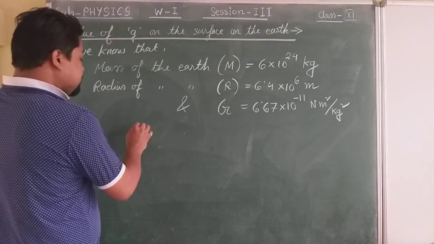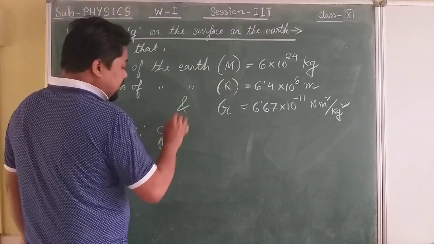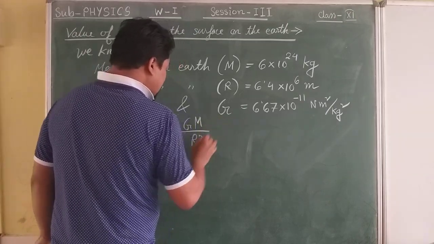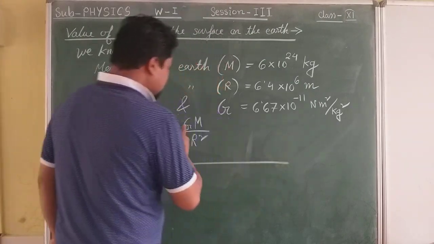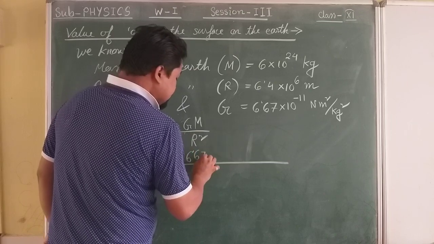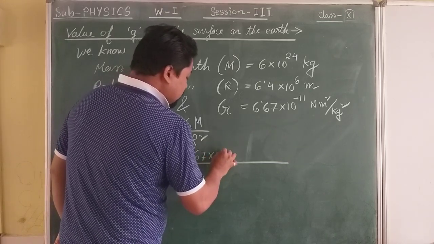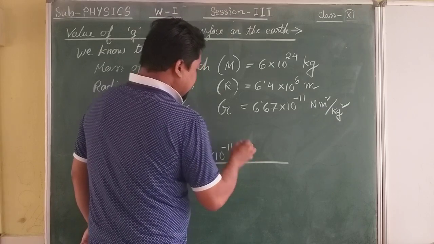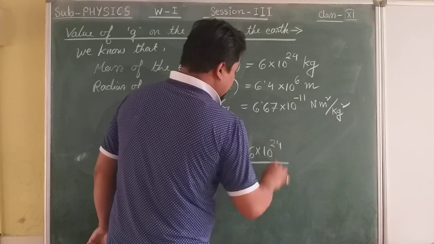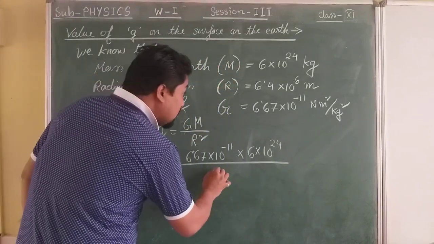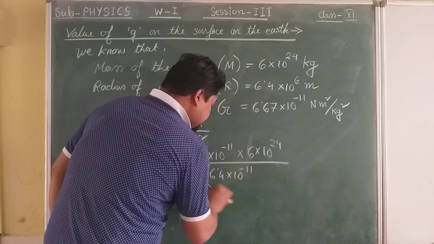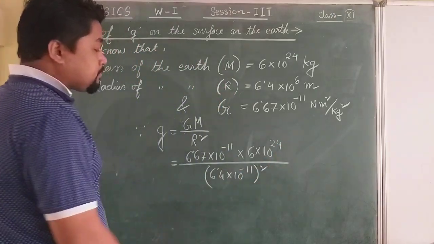Okay? Therefore, since g is equal to capital G, capital M by R square, g is equal to 6.67 into 10 to the power minus 11 into mass of the earth, 6 into 10 to the power 24 kg, divided by R square, 6.4 into 10 to the power 6 whole square.